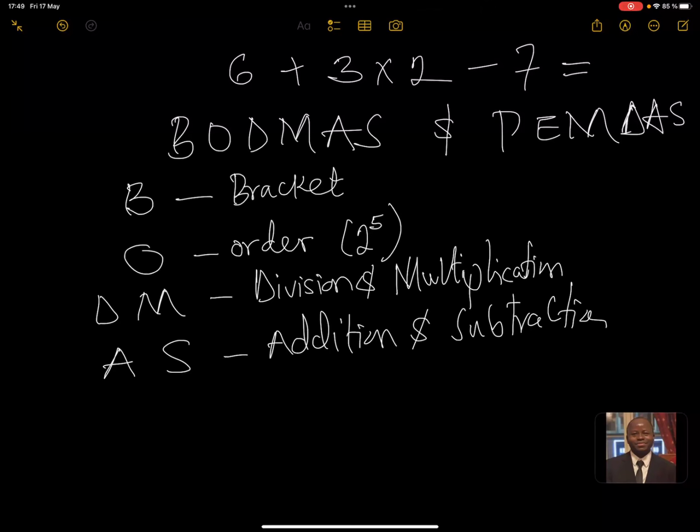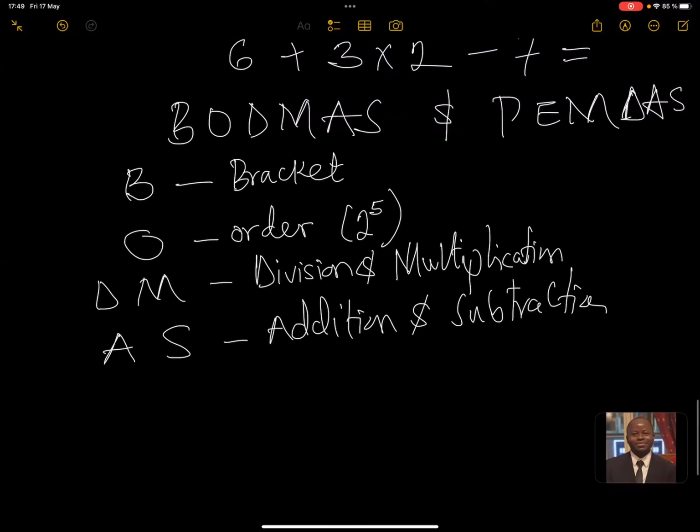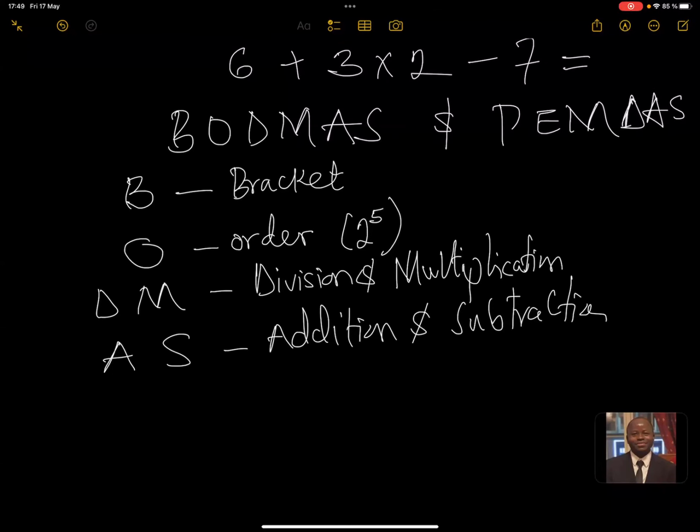For you to know which of them to take, you have to look at your problem and see which of them comes first when you are counting from left to right. Okay? Let us quickly apply this before we talk about PEMDAS on this problem we have.